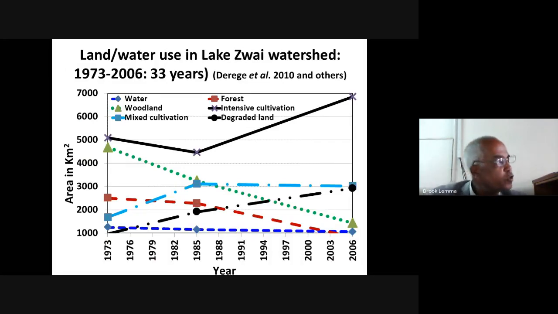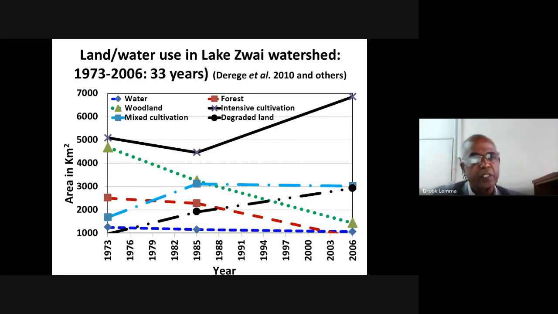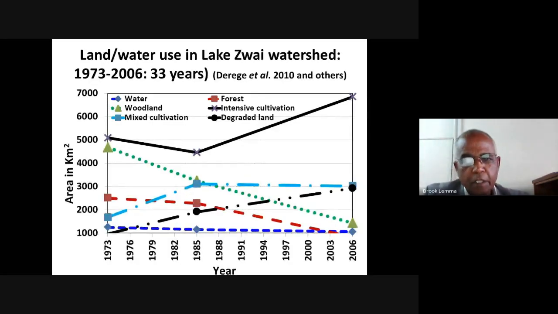So eventually over the years, what we have observed is that if you look at the black upper line with the X mark, the intensive cultivated area has increased over time, while the dotted green one, which is the woodland, has been disappearing over the years.